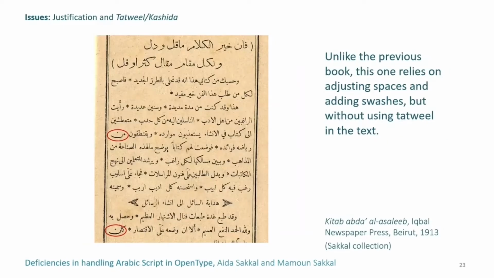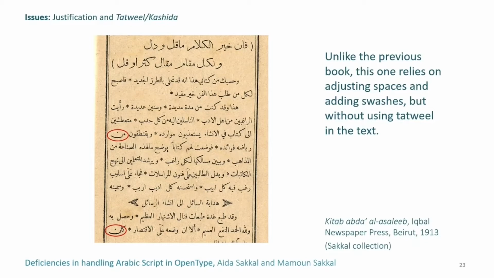Unlike the previous book, in this page, the typesetter relied mainly on swash variants to adjust justification and used white spaces for the rest of the lines.